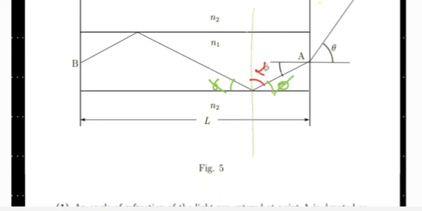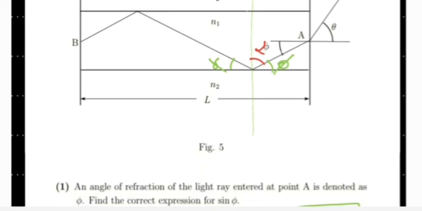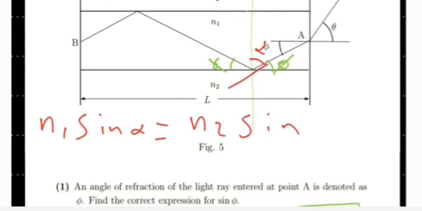So what is the condition? Look, in Snell's law we have that n1 multiplied by sine of alpha must be equal to n2 multiplied by the sine of the angle that the beam of light goes out, maybe omega, I don't know. But you can see that the light is not going out. Why? Because you consider it as if this angle was 90 degrees.